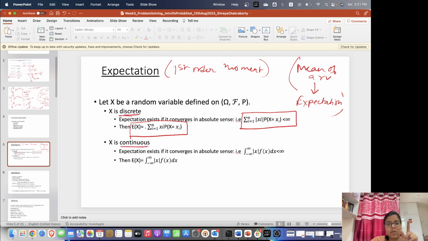Similarly, in a continuous setup, we will first check if expectation exists. How will we check it? We'll integrate mod x fx dx, with the absolute term mod x. And if this quantity is finite, that is, it exists, then we can compute expectation as, sorry, here there should be no mod.